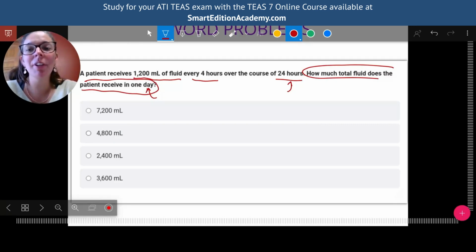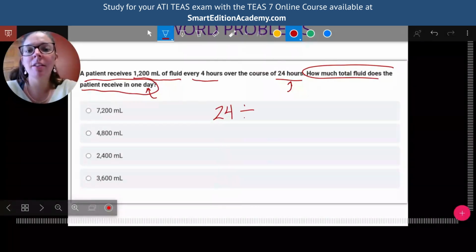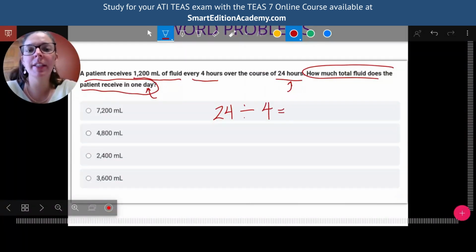So if they're getting 1,200 milliliters of fluid every 4 hours, how many times are they going to get the fluid in the course of 24 hours? Well, I have to take my 24 hours, which is the same thing as one day, divide it by 4, and this means that they will get it 6 times.